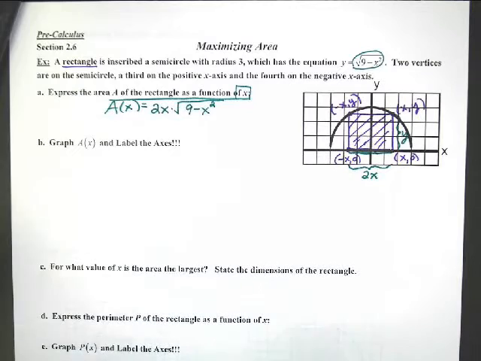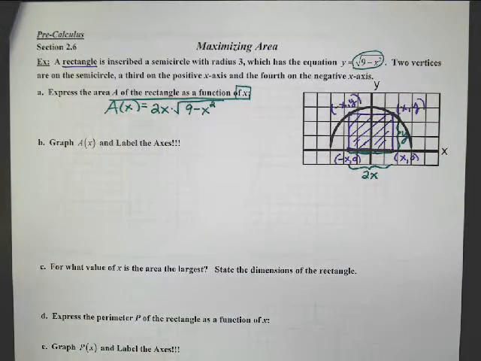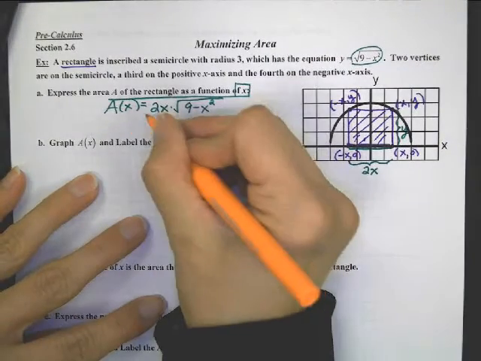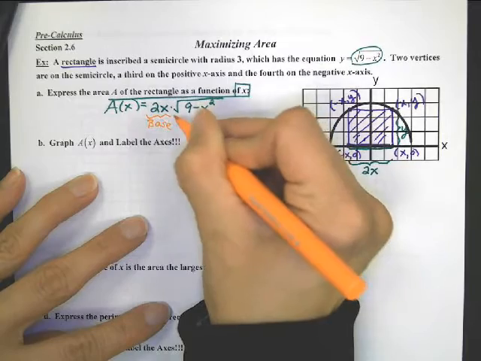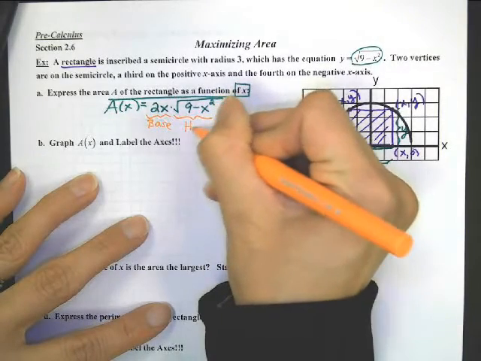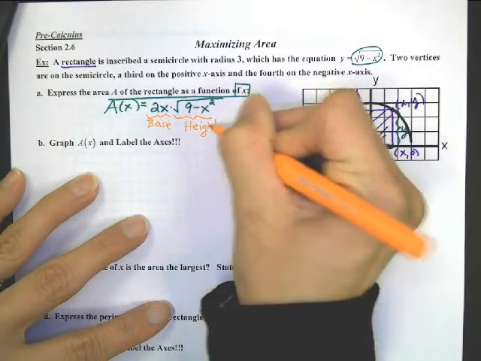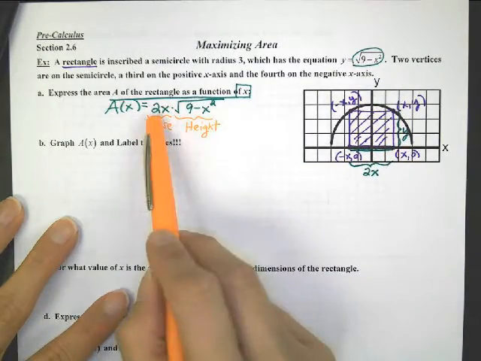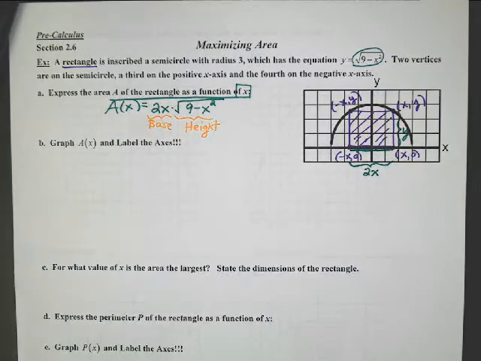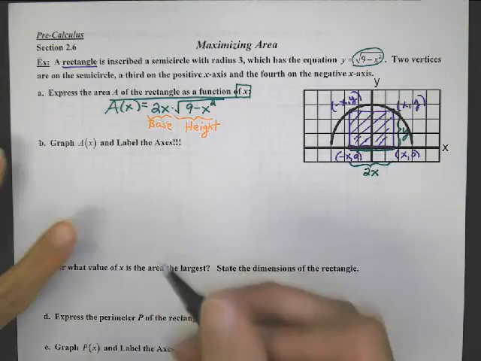So in this equation, it's very important to label this. This helps us throughout the whole bunch of questions here. The base is 2x, and the height is that fun formula. So if they ever ask, I'm sure they will, for the dimensions of the rectangle, there's the base and there's the height.